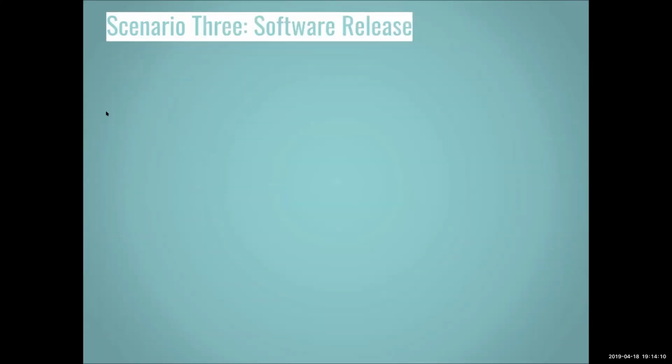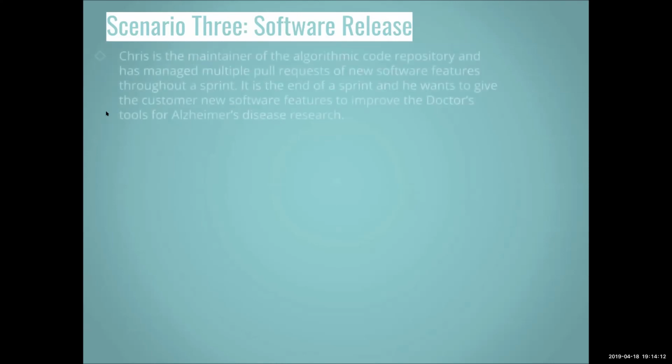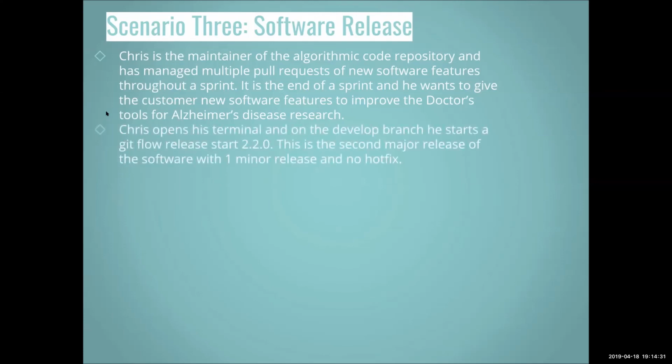Final scenario here, the software release. Chris is the maintainer of an algorithmic code repository and has managed multiple pull requests for new software features throughout a sprint or work cycle. It is the end of the sprint, and he wants to give the customer new software features to improve the doctors' tools for Alzheimer's disease research. Chris opens his terminal, and on the develop branch, he starts a release with git flow release start 2.2.0.